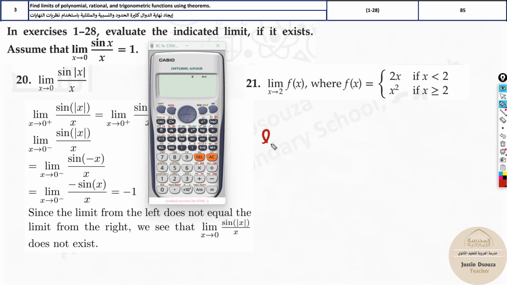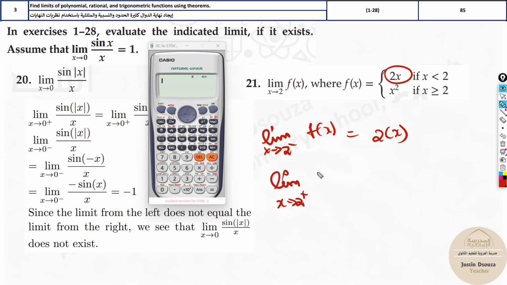When you're finding the limit as x tends to 2 from the negative side of f of x, you need to use this equation, 2 into x. When you're finding the limit as x tends to 2 from the positive side of f of x, you have to use the second equation, x squared.